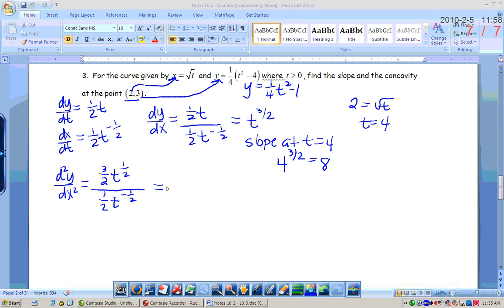All right, first off, 3/2 divided by 1/2 is 3, and t to the 1/2 divided by t to the negative 1/2 is just t.